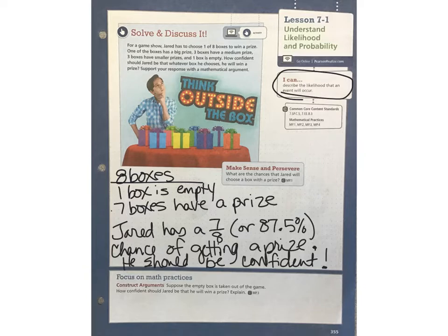So we need to consider all the boxes that have a prize in them, and there are 7 of them, which means Jared has a 7/8 chance. 7 out of 8 is the same as 87.5%. He has that big of a chance of getting a prize, so he should be confident. Now let's take a look at some other problems and discuss how likely they are to occur.